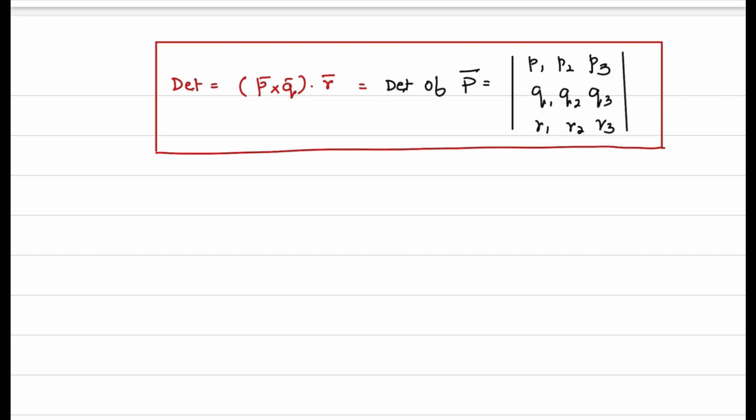Are there any other types of matrices in addition to whatever we have explained? If the determinant is equal to 0, then what is that called?